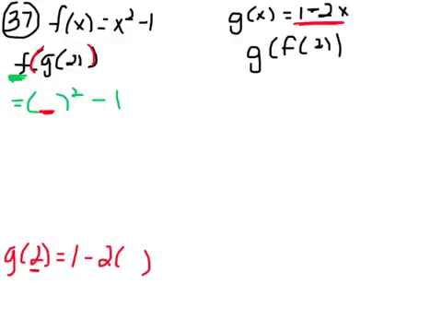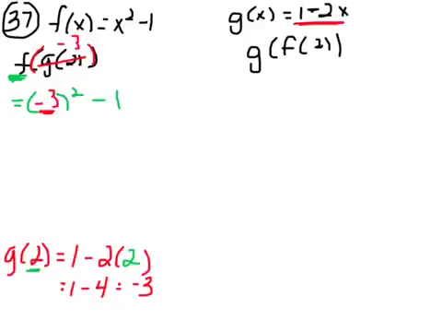This 2 right here is telling me to put a 2 here. Okay, well, I can figure that out. That's 1 minus 2 times 2 is 4. See why you had to know PEMDAS? You're using it all the time, aren't you? 1 minus 4 is negative 3. So g of 2, this whole thing right here, is actually equal to negative 3. That's what I'm going to plug in here.